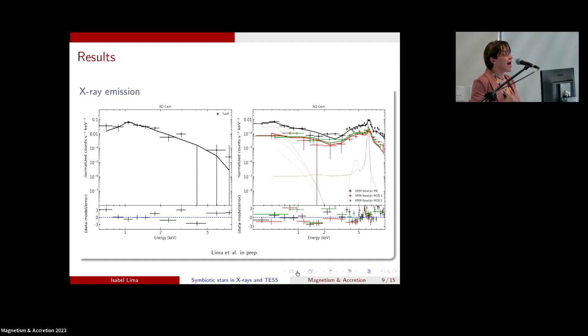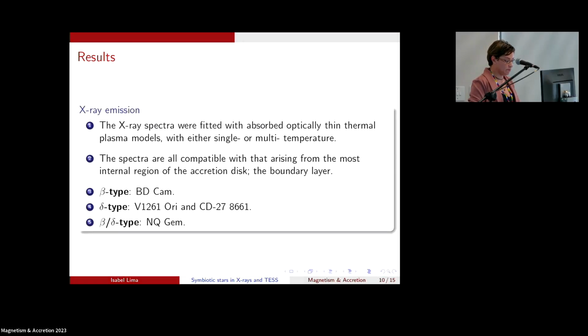Well, I'm using Bayesian X-ray analysis, BXA, but I won't show you the other results here. In general, the spectra can be fitted using optically thin thermal models with single or multi-temperature.